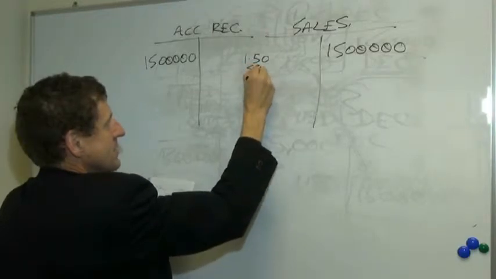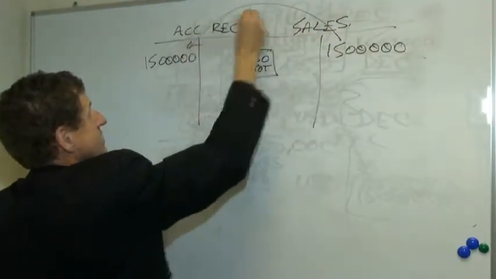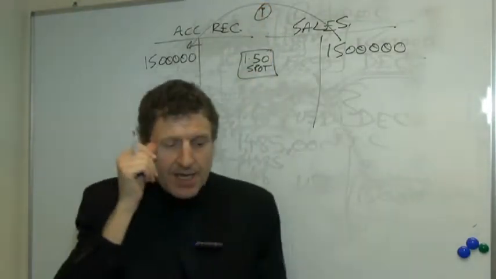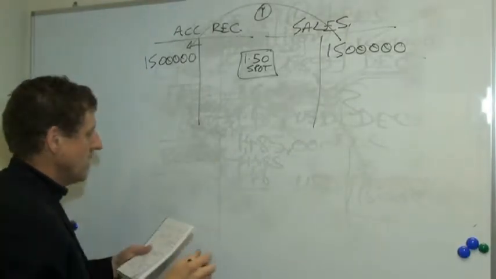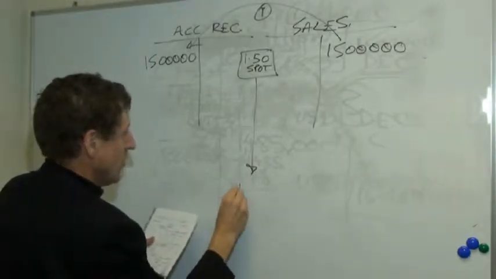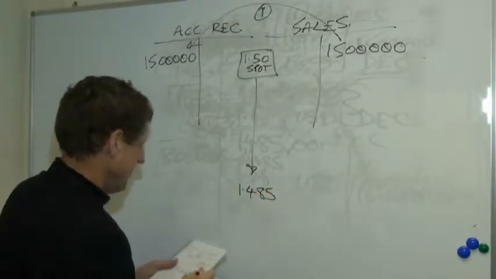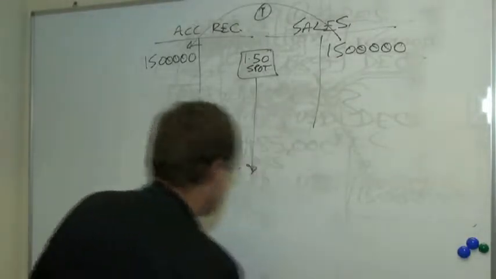That is the spot rate. So this is our first entry, no difference under normal accounting. Now what happens at the end of the period? Well, over time, the spot rate goes down to 1.485, that's goes down to 1.48.